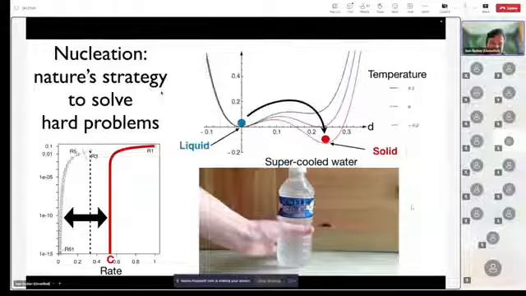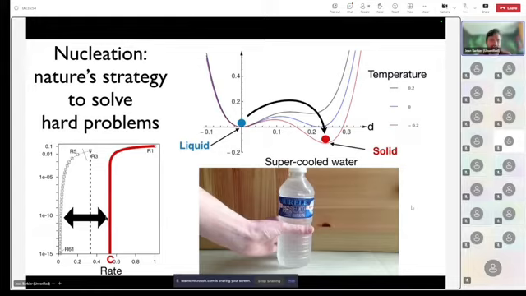So when there are hard problems like this, nature has found a way to solve these hard problems, in a sense. And this is called nucleation. This is more than an analogy. You will see that we use this in signal processing, in coding, everywhere. So this is supercooled water.